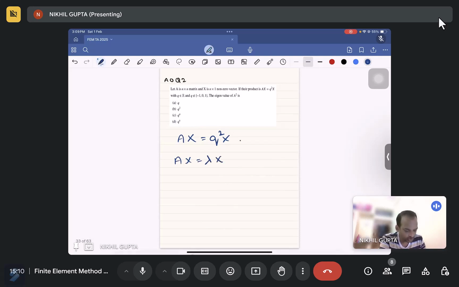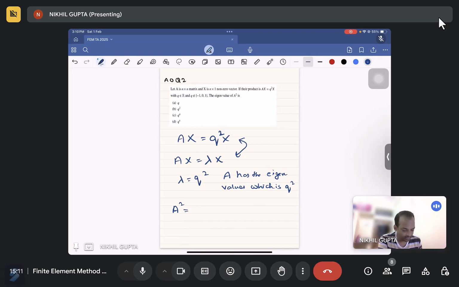If you compare these two equations, you will see lambda is equal to q square. This can be concluded as: A has the eigenvalues q square. So simply, if you want to know the eigenvalues of A square, we simply note that lambda square happens. Here q is equal to 4, and this is your answer.